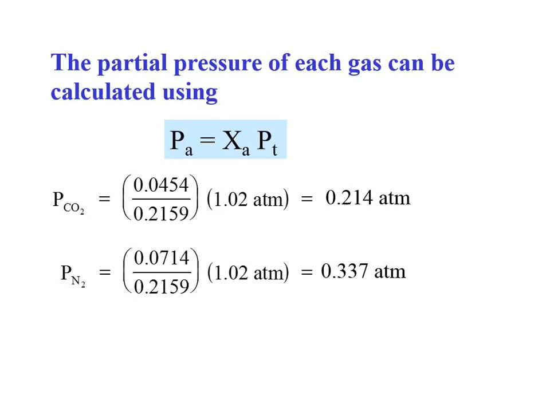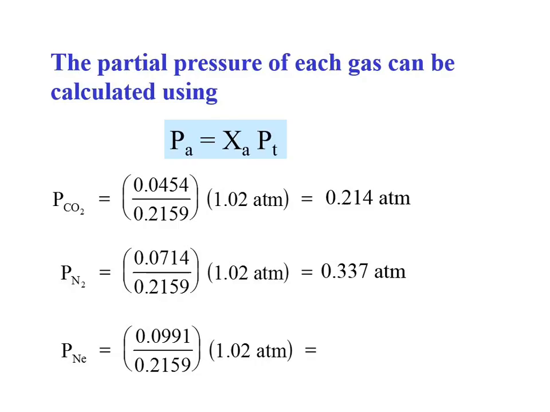And for you shortcut people, it seems like you should be able to get the third one by difference. And you can, but I would suggest just going ahead and applying this. So for the neon, we had 0.0991 moles of neon. Total moles, again, 0.2159 moles of gas. Here's your mole fraction.